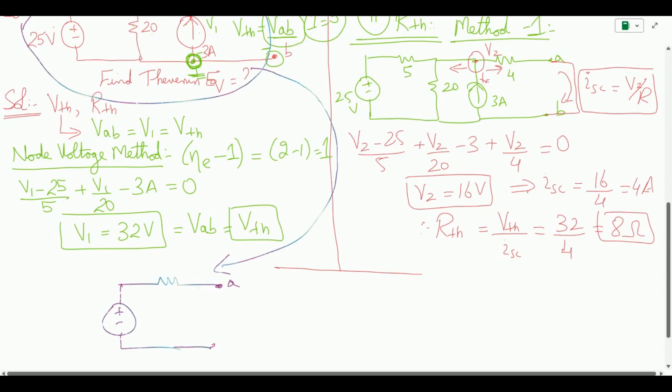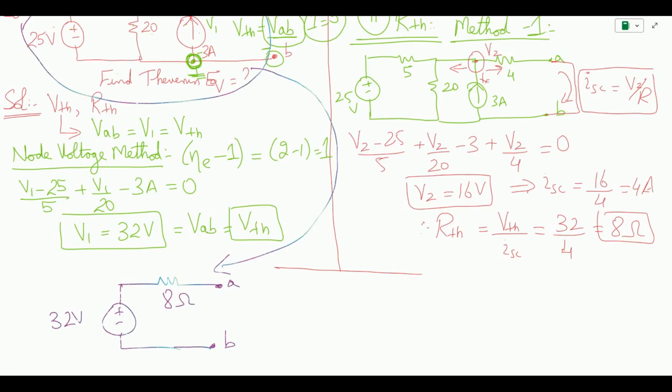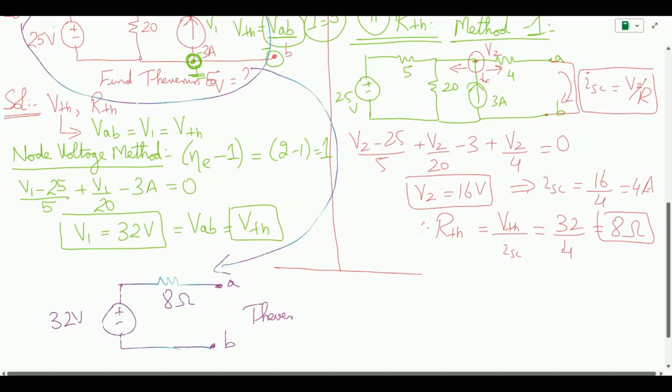This is A, this is B, this comes out to be 32 volts, and this is 8 ohm, and that's it. We have simplified our circuit, or we have figured out the terminal behavior of the circuit using the Thevenin equivalent. This is how we solve the Thevenin equivalent method.